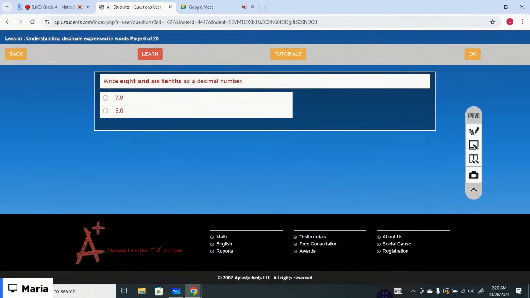Which is the correct option? 8 and 6 tenth. Yes, that is option number 2, 8.6 it is.